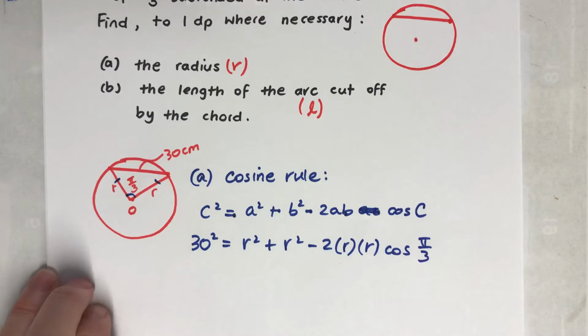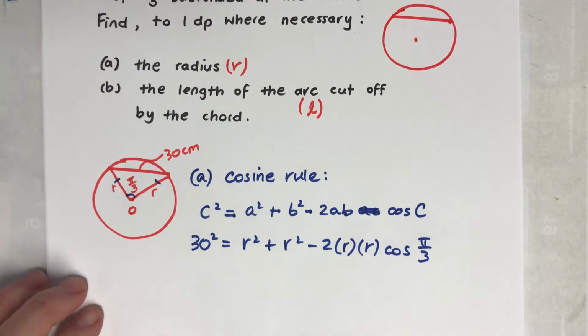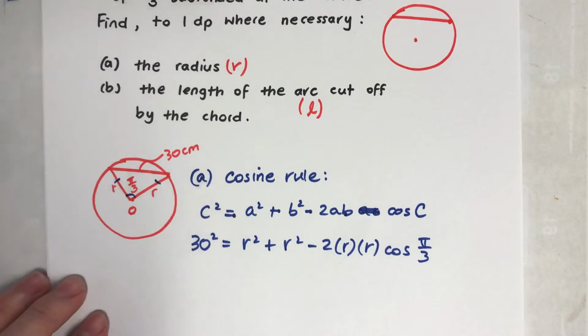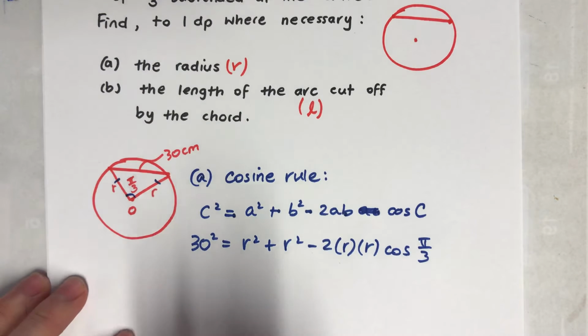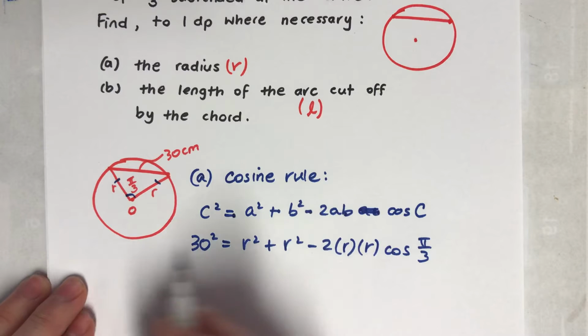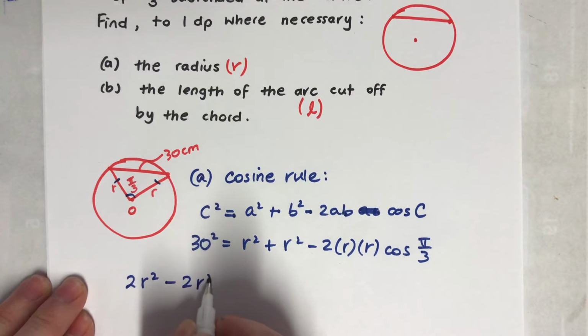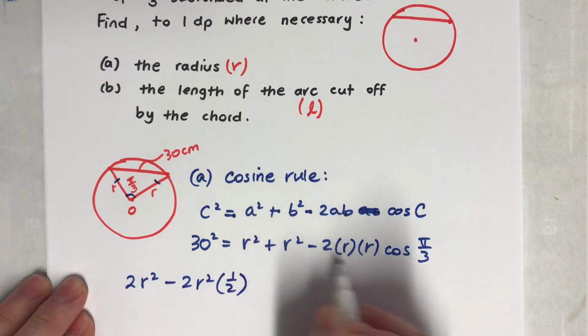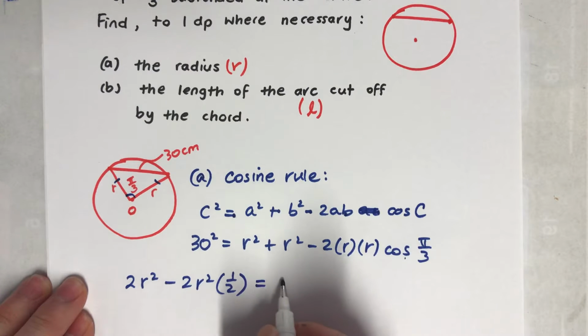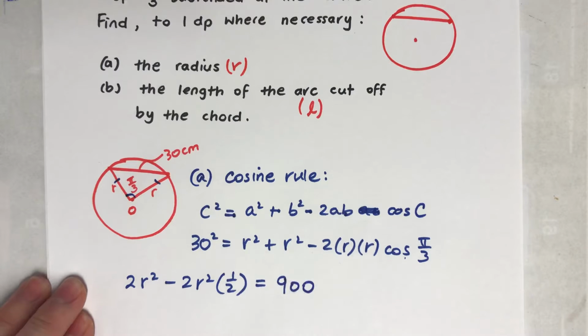Now, pi over 3 is 60 degrees. Do you remember cos 60? Cos 60 is a half. So I'm going to put this on this side: it'll be 2r squared minus 2r squared times half, and this equals 900. That's what I've got.